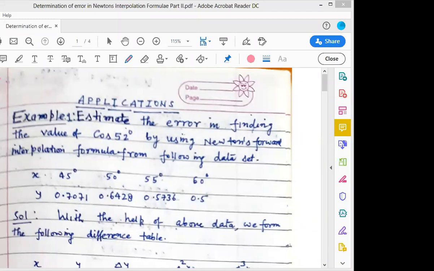Then with the help of phi(x) and y is equal to f(x), we constructed an auxiliary function, that was capital F(t).